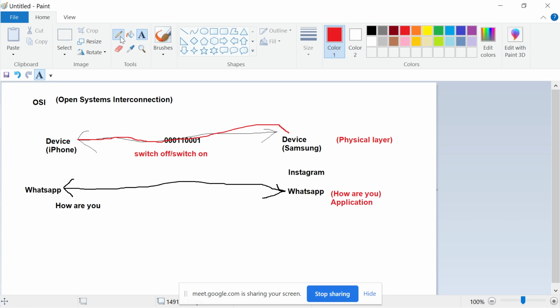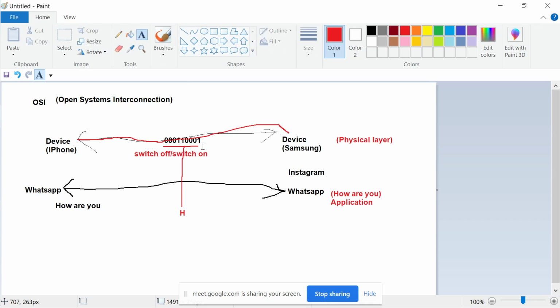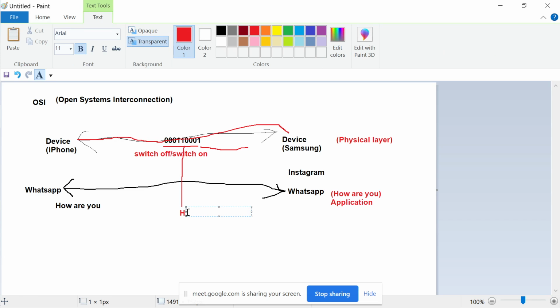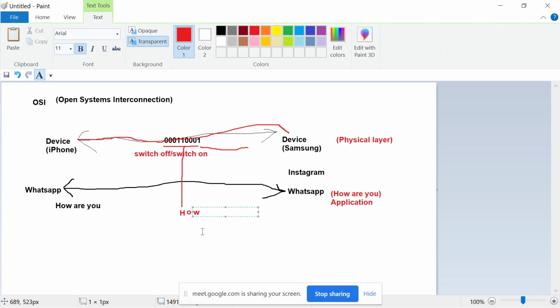What can happen is this layer will take your first 8 bits and say this means H, how are you, right? And then it will combine another 8 bits and it will determine the next character, which can be O, and the next character can be interpreted as W, and so forth.